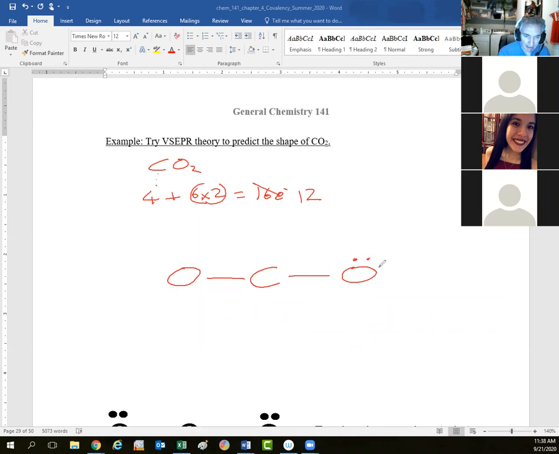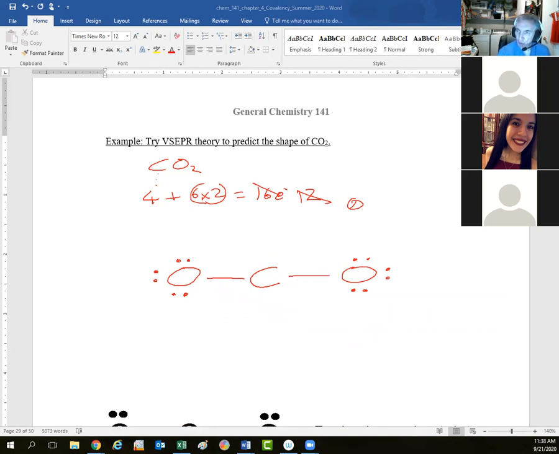We'll use the remaining to fill octets, starting with the outer atoms. And that uses up our supply. And of course, we still don't have an octet for the carbon in the middle. It only sees 2 bonds, 4 electrons.